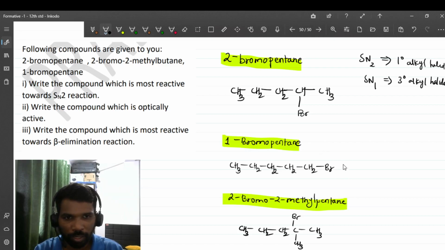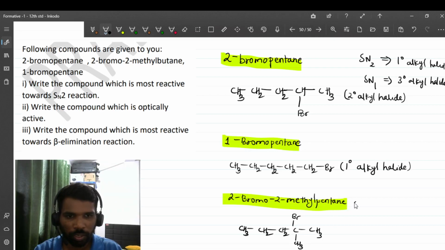If I write this, this is a primary alkyl halide. What about this? This is a halide connected to a carbon which is further connected to two other carbons. So this is a secondary alkyl halide. What about this? This halide is connected to this carbon, which is further connected to three carbons.